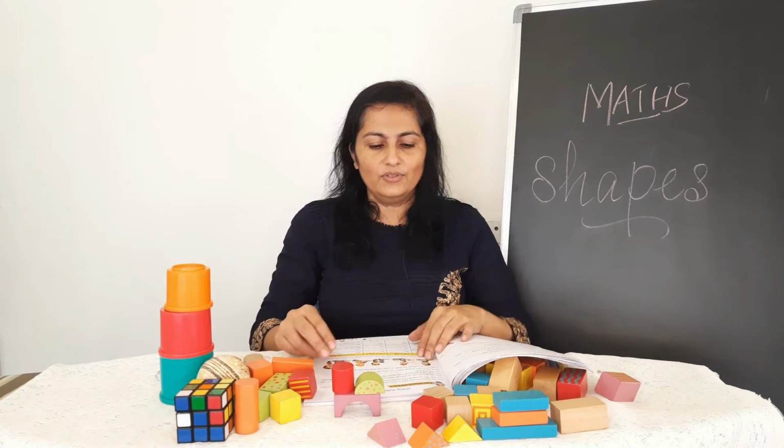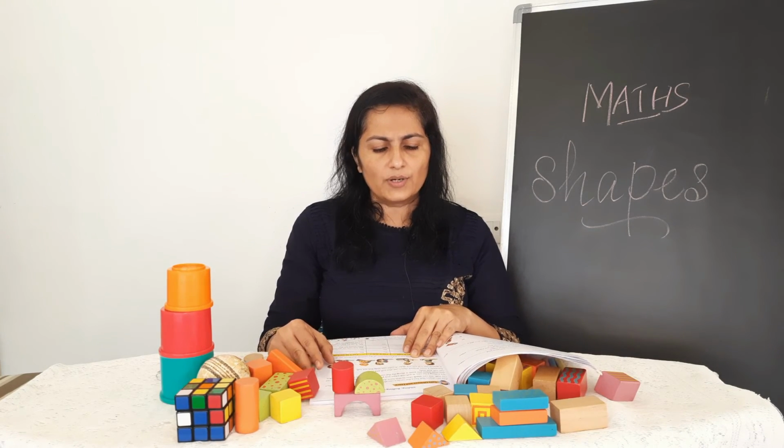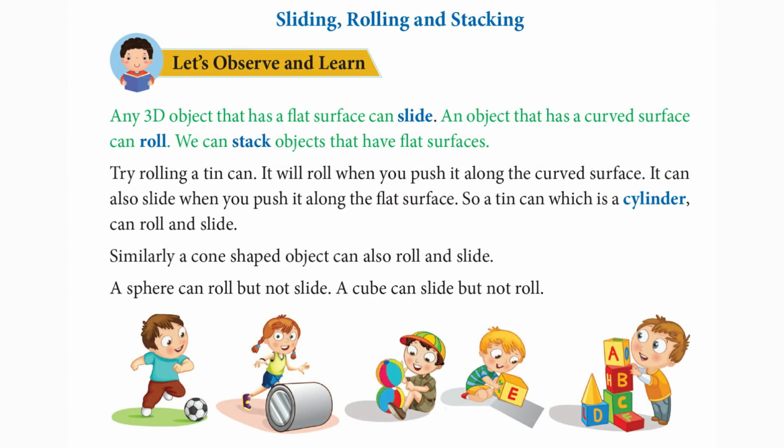Moving on to reading the next part in your textbook. Try rolling a tin can. It will roll when you push it along the curved surface. It can also slide when you push it along the flat surface. So a tin can, which is a cylinder, can roll and slide.